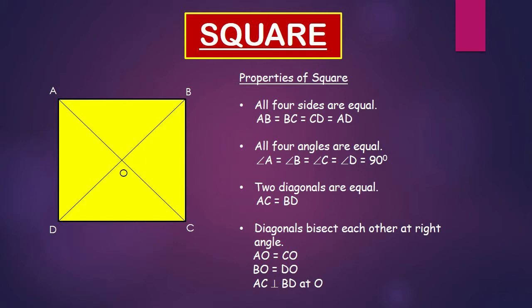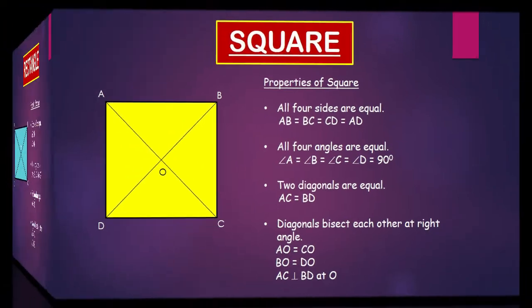This means angle A is equal to angle B is equal to angle C equal to angle D, and in square each angle is equal to 90 degrees. Two diagonals, that is AC and BD, are equal. Diagonals bisect each other. This means AO is equal to CO, BO is equal to DO, and they bisect at right angle. AC and BD bisect each other at right angle at point O.